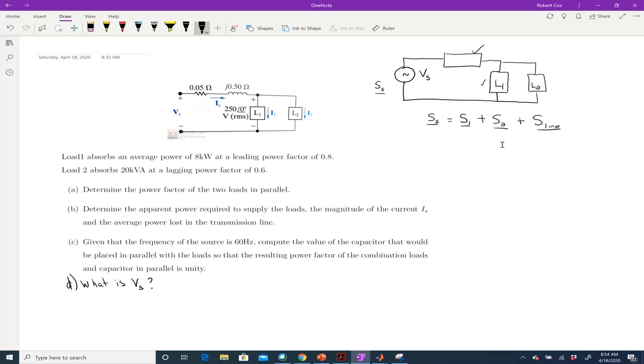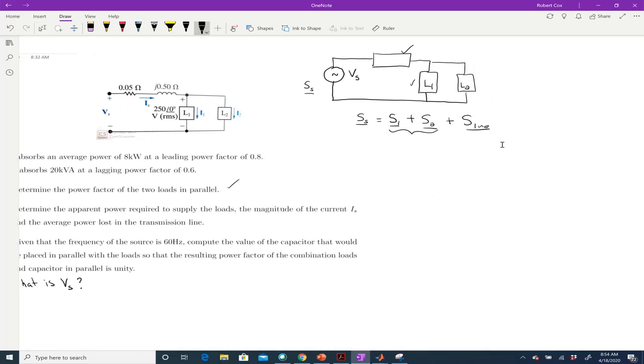So when I'm asked here to determine the power factor of the two loads in parallel, what I need to do is to figure out S1 plus S2. Once I know that, I can combine those two and basically say I've got my voltage source Vs, I've got my line, and then I've got this combination, which I'll call L1, L2 combined.